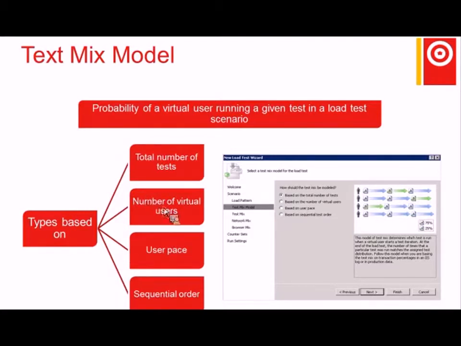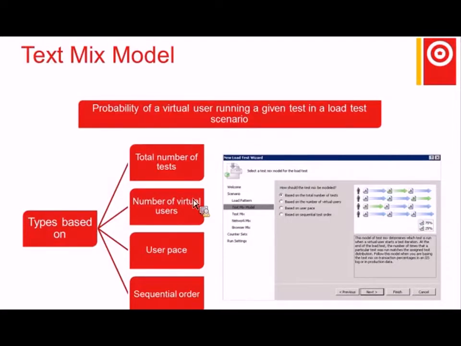Also, we can base it on the number of virtual users. In real time, if we specified, like I specified earlier, test 1 at 50%, test 2 at 25%, test 3 at 25%, then if test 3 is only running at 20% of the current users that are running, the system will try and throw in more test 3s until it hits around 25%.